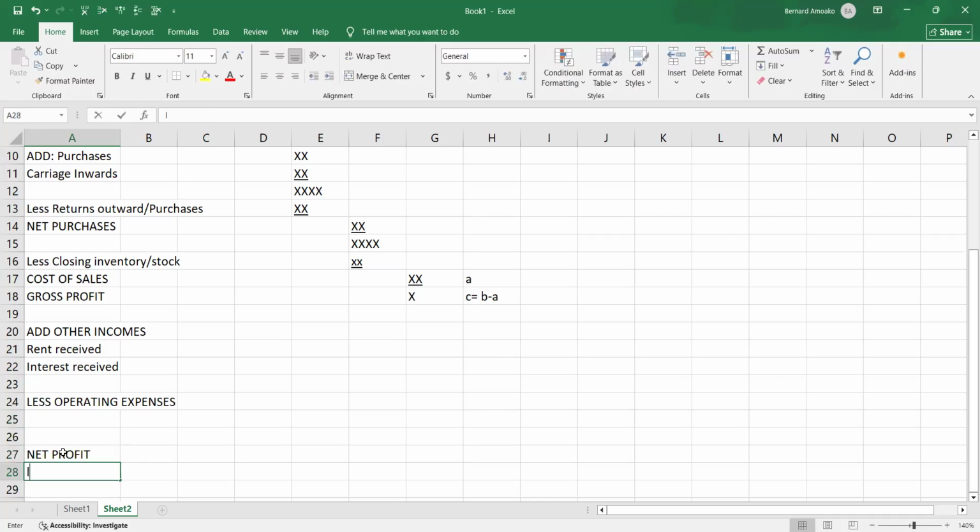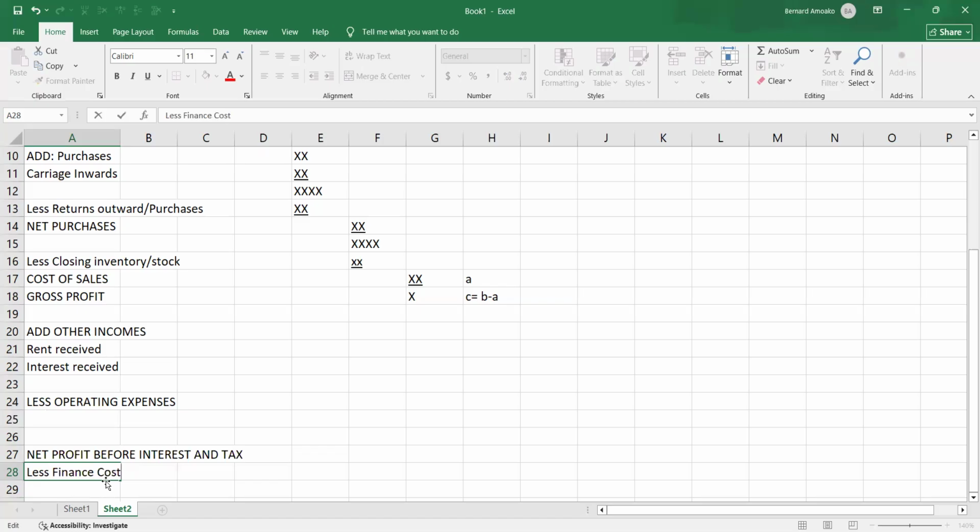Now, after the net profit, the only thing you don't treat under expenses again is interest. So you now come and less your interest. So this is net profit before interest and tax. Then you now come and less your interest. The interest now is called finance cost. But for those who are used to the word interest, you can use interest.